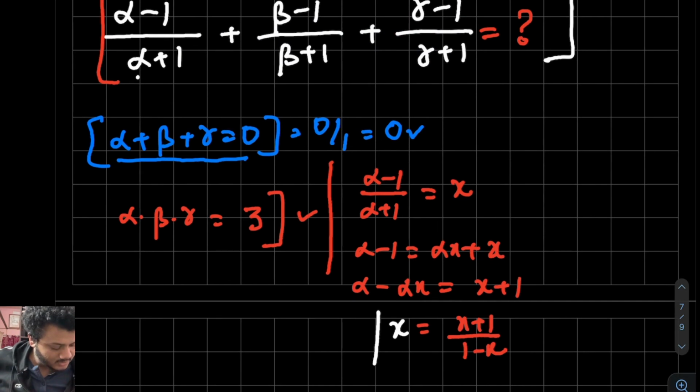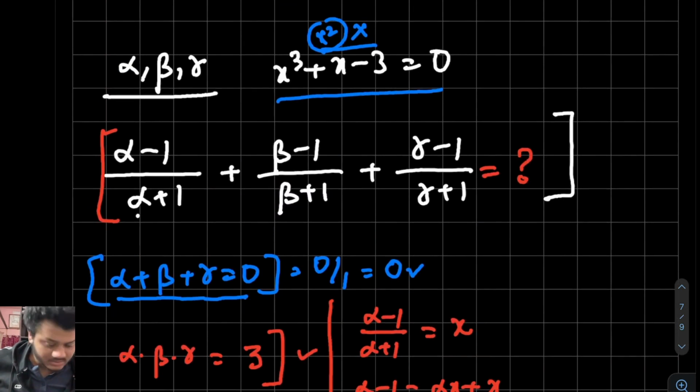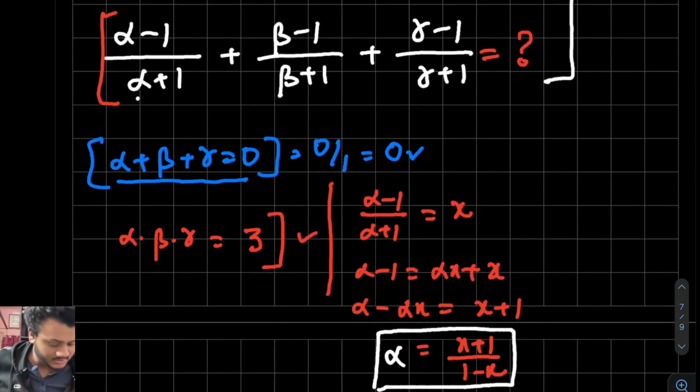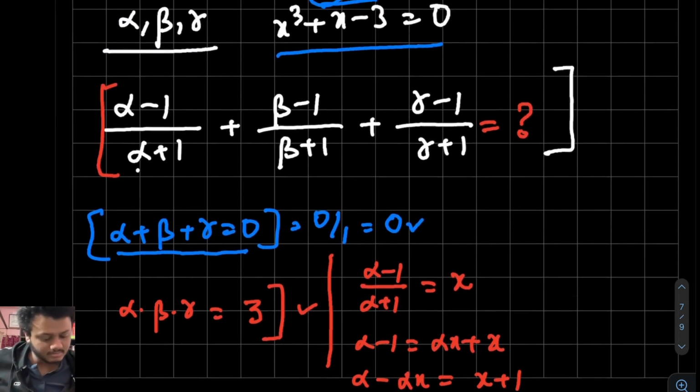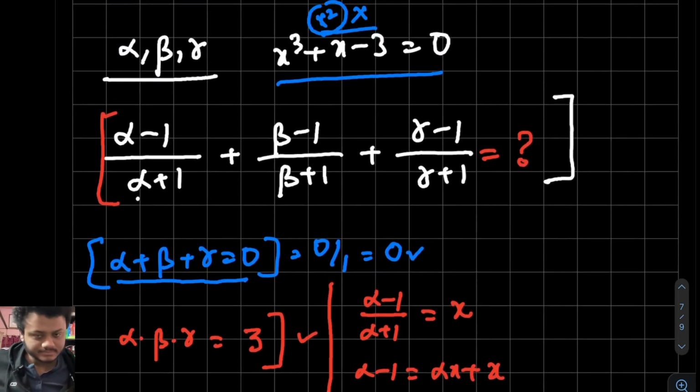So this will be our value of alpha. Since alpha is a root of this equation, you will get another equation, and when you find the x squared term in that equation, you will find the sum of this. But we can also take a lenient approach.